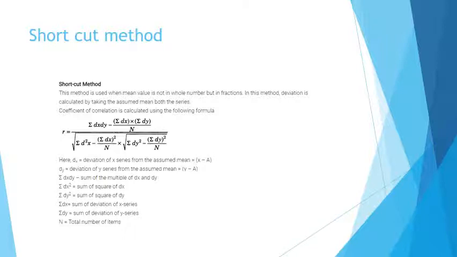In this method, the formula is given as r is equal to sigma dx dy minus sigma dx into sigma dy upon n, whole divided by root sigma dx square minus sigma dx whole square upon n into root sigma dy square minus sigma dy whole square upon n.